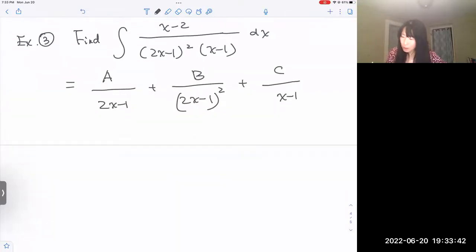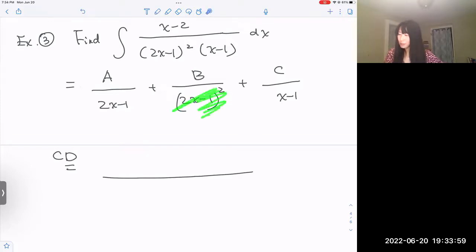Common denominator: 2x minus 1 squared times x minus 1.